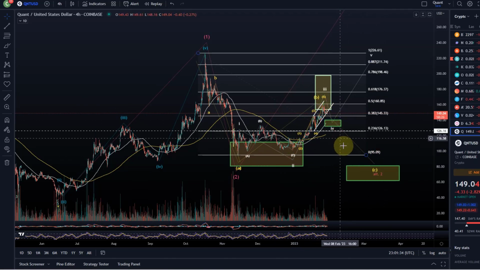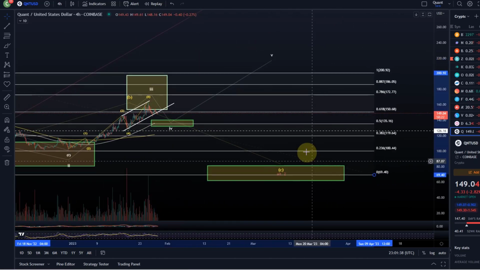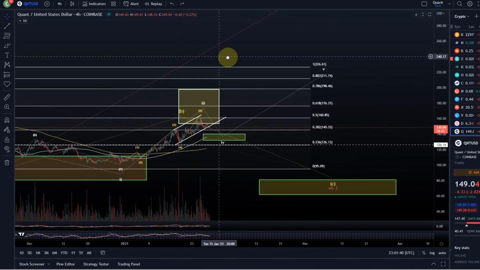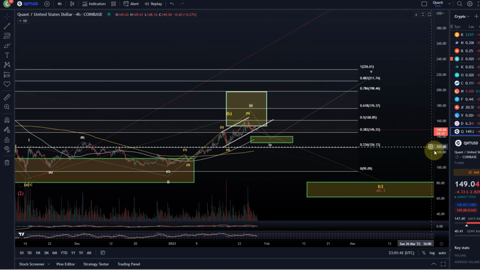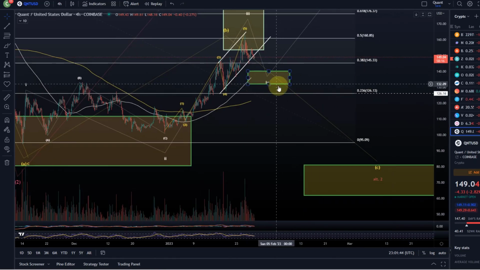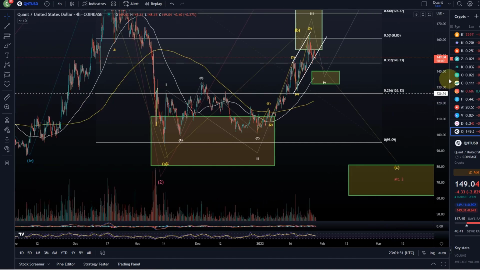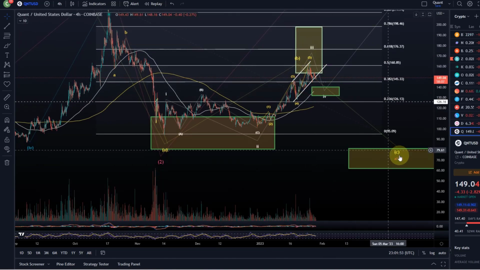That will become likely, first of all, if we break out of that channel to the downside, but that would not be enough, because we could just be in a deeper wave 4. But if we break below the wave 4 support at 132.50, give it a little bit more space, then it's getting very likely that we are actually in the C wave to the downside.